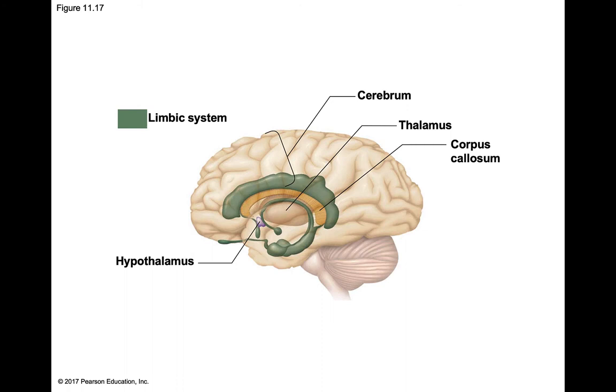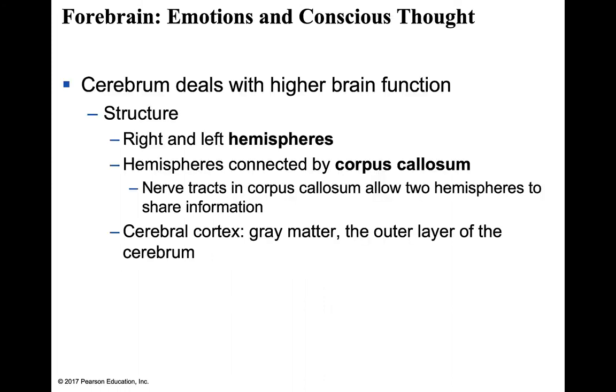We actually see a lot of autonomic control regulated here, so very, very important. But look at the other areas, like how large the cerebrum is. We can see the thalamus and the corpus callosum, which is neural tissue connecting the two cerebral hemispheres. These are also structures that you should be able to label given a diagram.